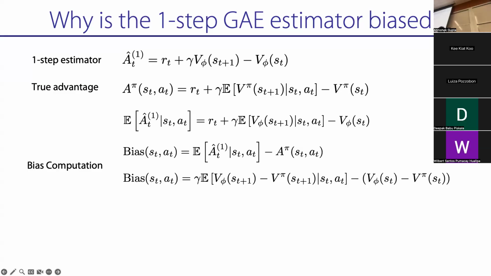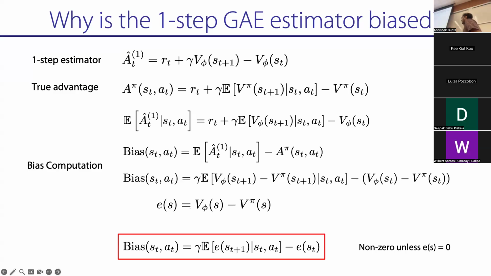Let's denote V phi minus V pi as an error function E, which is state dependent. Your bias is gamma times the expected error at state s_{t+1}, given some state s_t and a_t, minus the error at state s_t. All we did is substitute in the expected advantage and subtract out A pi.